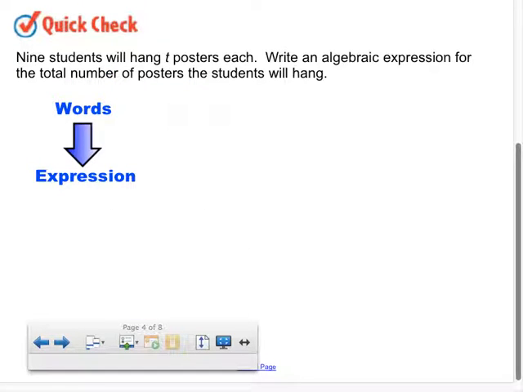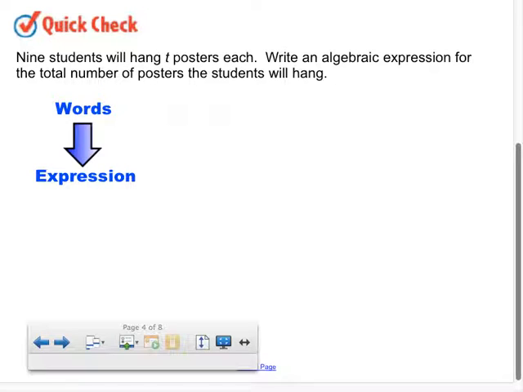9 students will hang T posters each. Write an algebraic expression for the total number of posters the students will hang. So take a moment, take a guess, or if you know it, write it down. Who's got the answer to share with us?